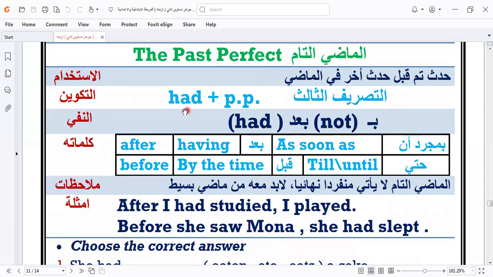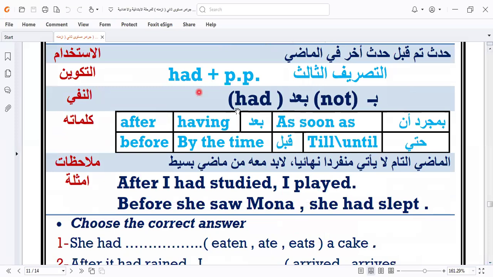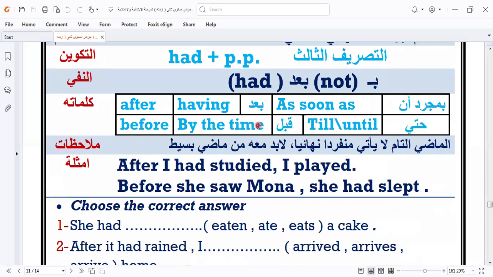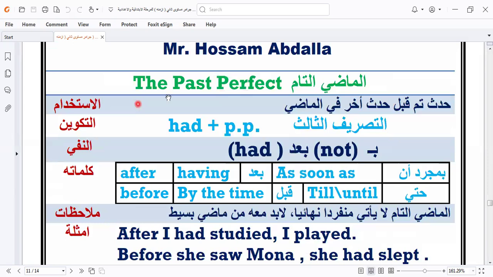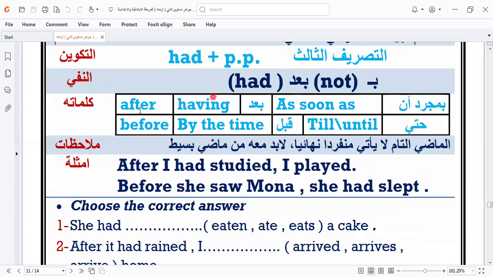What is the formula of this tense? The formula is had plus the past participle of the verb. When we use it in the negative, we say it as we told before in the previous tenses. Here we have some keywords that express this tense: after and before.